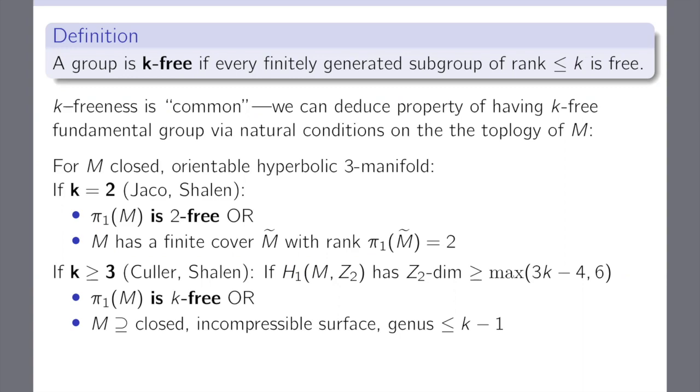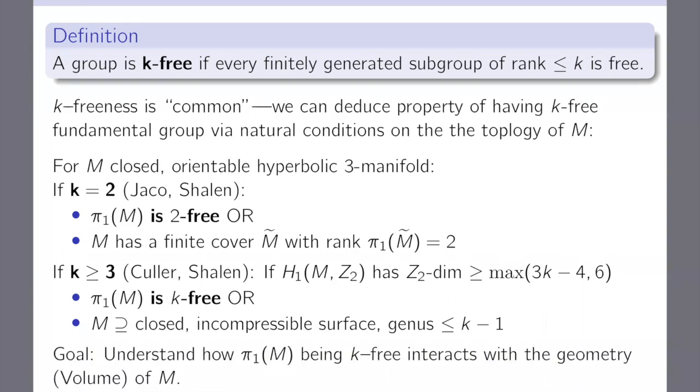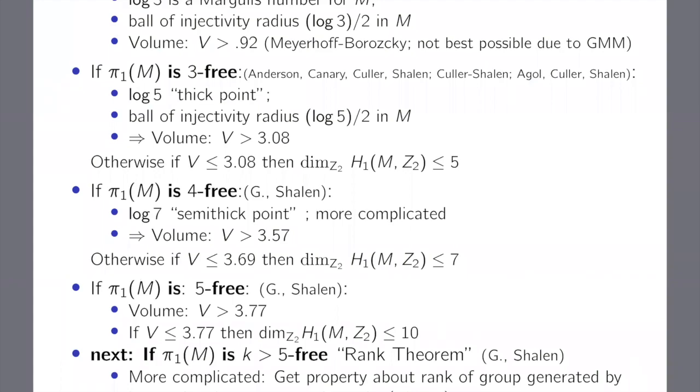Okay, all right, so quantitative Mostow rigidity theorems on volume and k-freeness. What we're going to look at now, remember the idea was, how can we take this restriction on pi 1 of M as a bridge, using k-freeness to say something about volume. And we know volume of M is a topological invariant by Mostow rigidity.